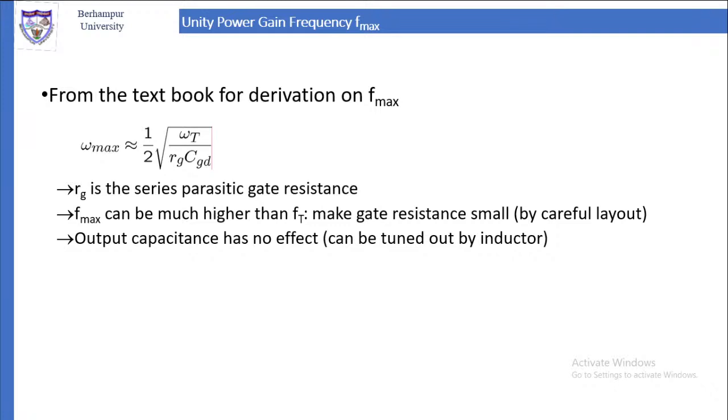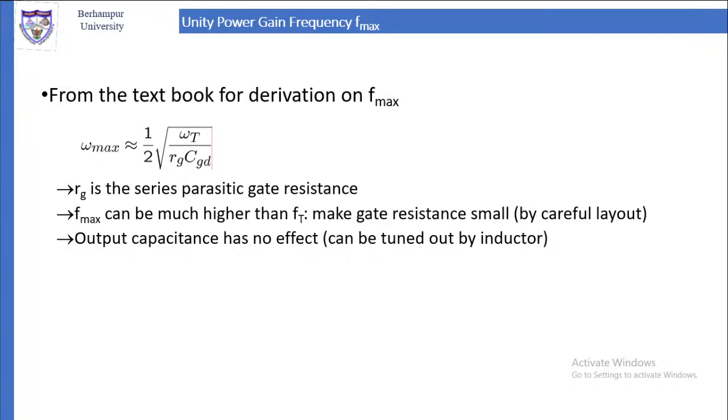Now let us come to the second case, unit power gain frequency Fmax. From the textbook that we have prescribed, look at the textbooks. There you will get the expression for Fmax. You will get the expression as Wmax is approximately equal to 1 by 2 root over of omega t by Rg into Cgd, where Rg is the series parasitic gate resistance.